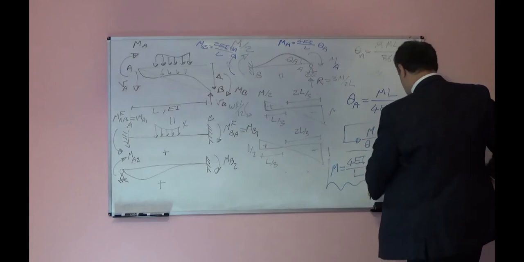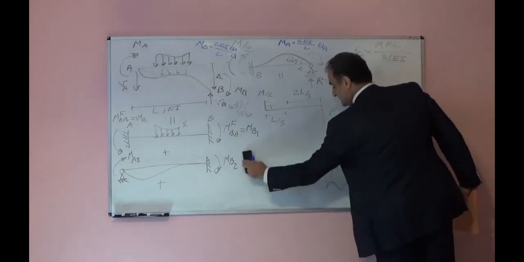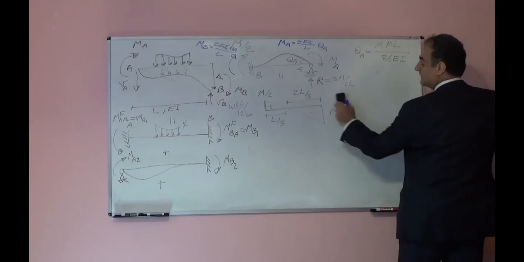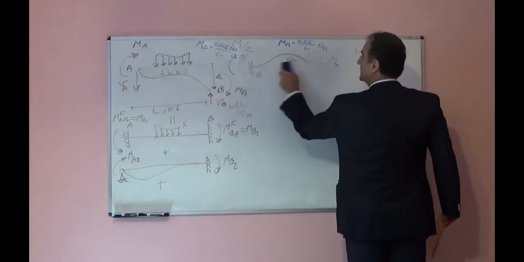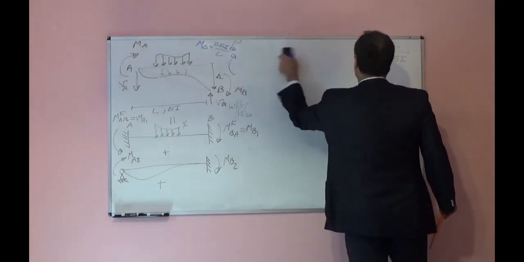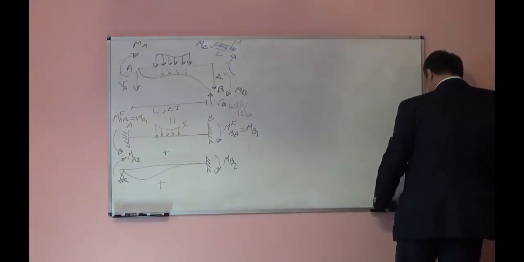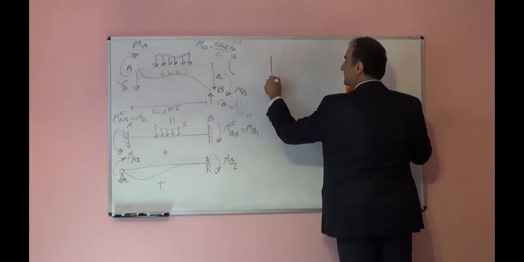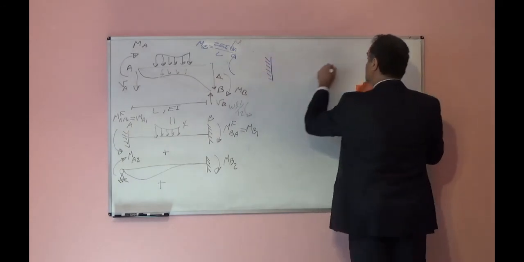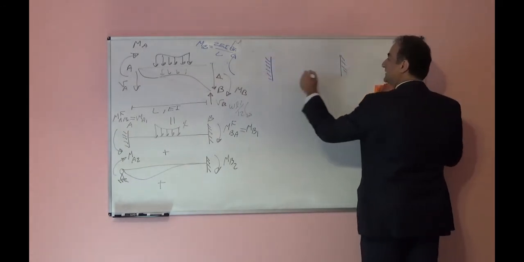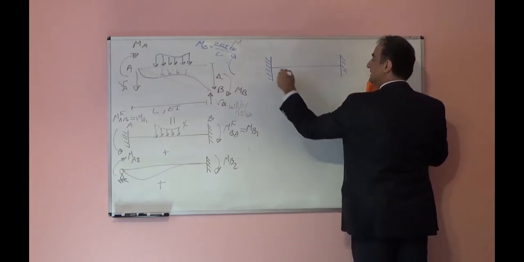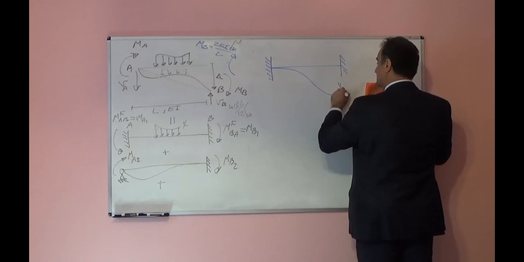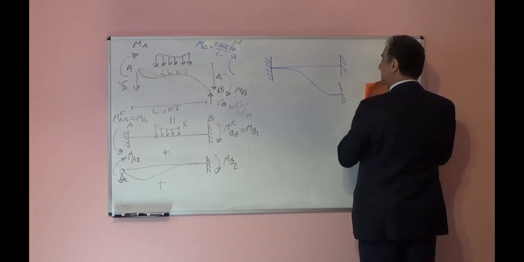Let's look at the final case. If we have two ends fixed and we have lateral deflection, what will happen? Both ends fixed, initially it is like this, then after deformation it will be like this.